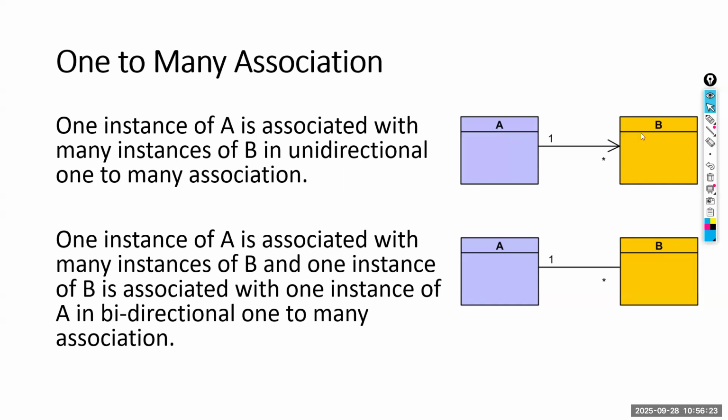Your shopping cart can have many items, but a shopping cart item belongs to one shopping cart. Your bill can have many bill items. One bill item belongs to one bill. So think practically. Your class can have many students, but one student belongs to one class.